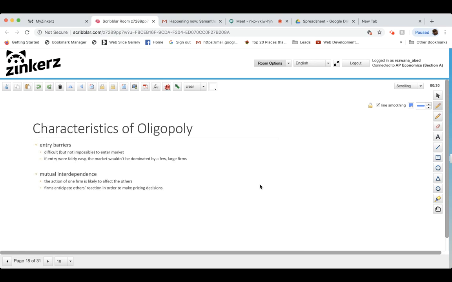Okay. Then we talk about barriers to entry. There are barriers to entry in the oligopoly market. So it's difficult, but it's not impossible as it was with monopoly to enter this market.